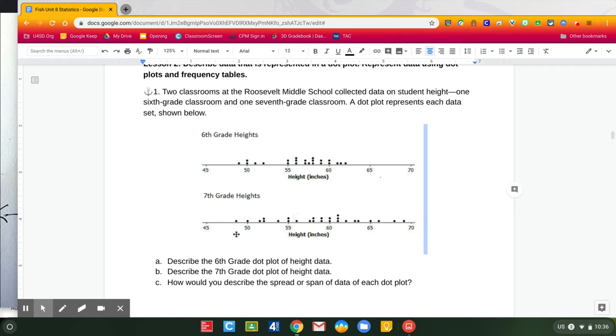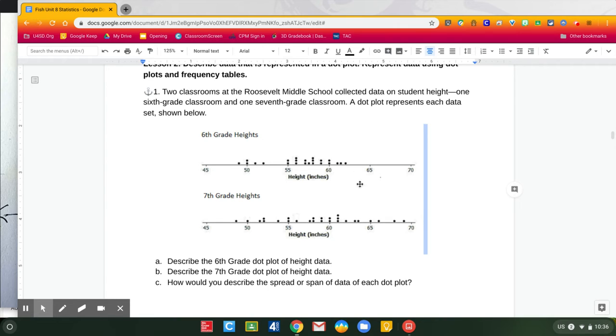And there are some students that are down at what looks like 48 inches, probably closer to 49 inches. 48 inches is 4 feet, so that's pretty short, but remember, everybody grows at their own rate.